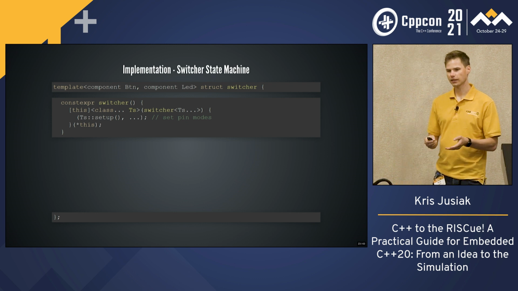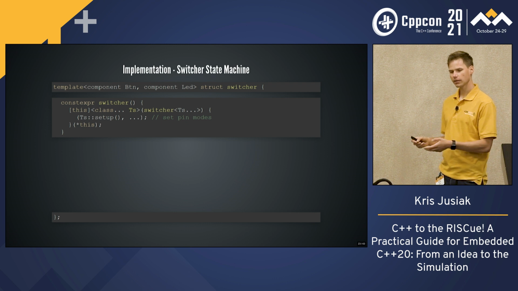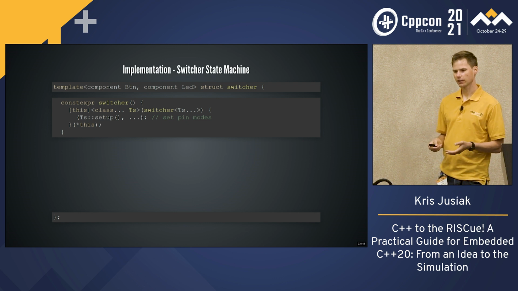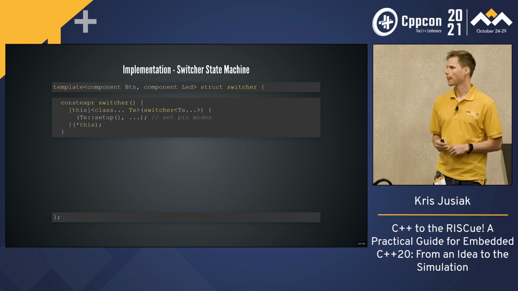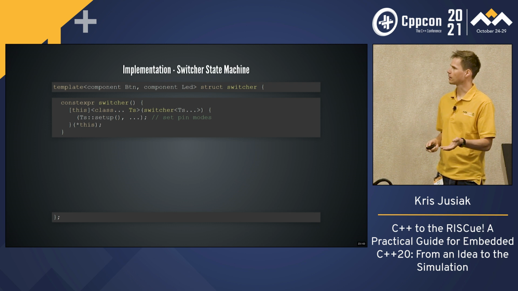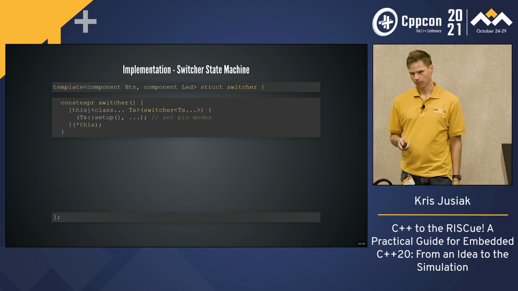So you can imagine that we call button setup, LED setup, and that would be tedious to write if you have multiple ones. So with this nifty trick, we can just make it transparent to us.